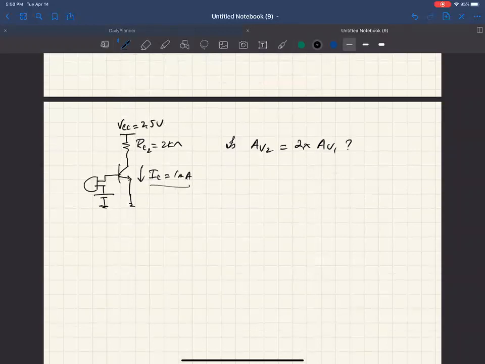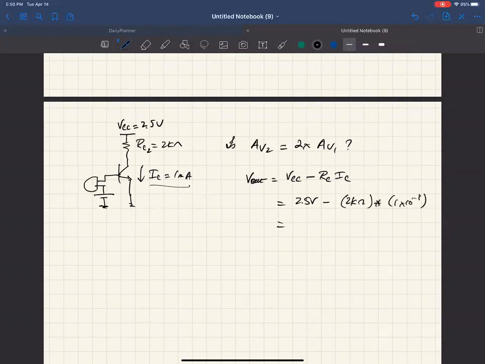When you're looking at V out, the way we defined it is VCC minus RC I sub C. The supply was 2.5 volts, and RC is now 2 kΩ times, since we kept the current at a milliamp. So this is equal to 0.5 volts.